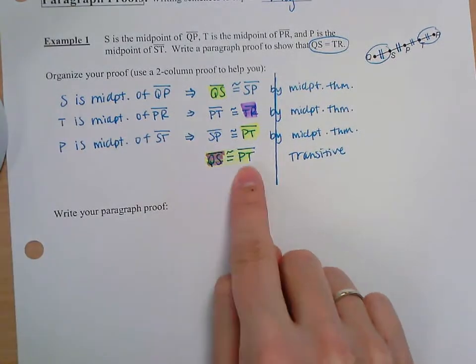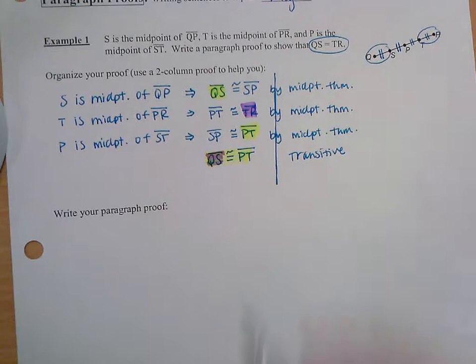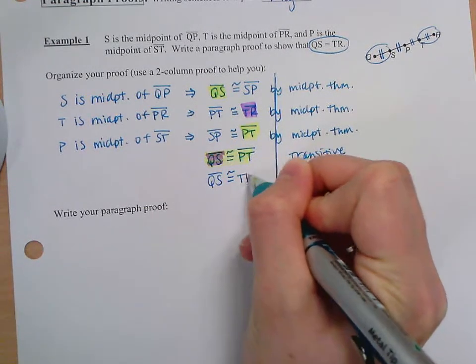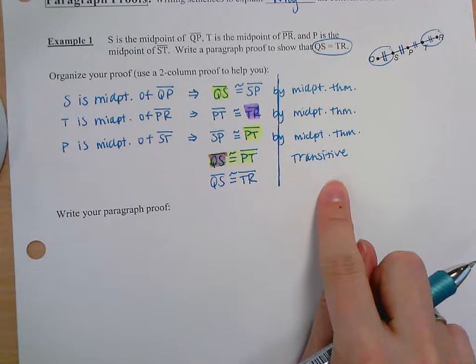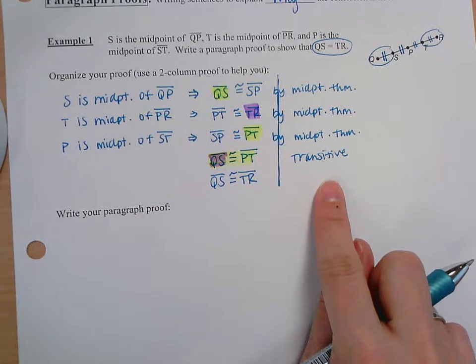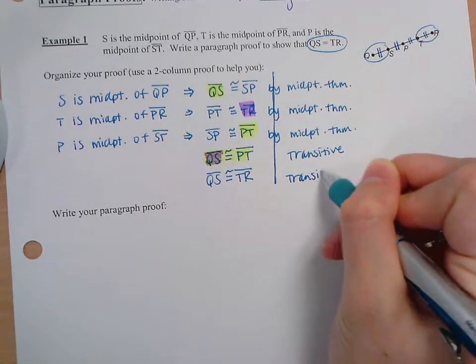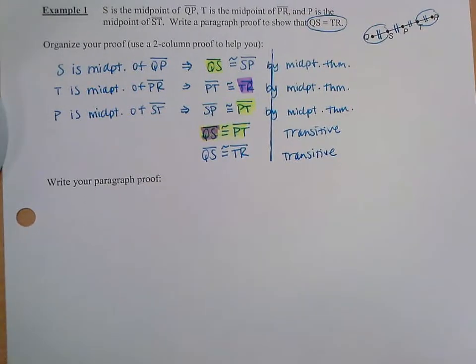So if QS is congruent to PT and PT is congruent to TR, QS is also congruent to TR. By what reason? Substitution, or I use transitive again. If you put substitution, I would accept that. I'm going to put transitive because I like us to recognize when transitive is used.